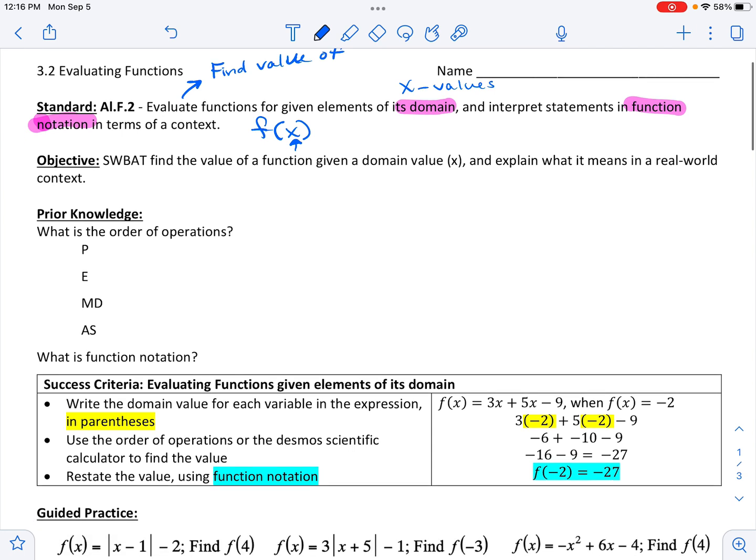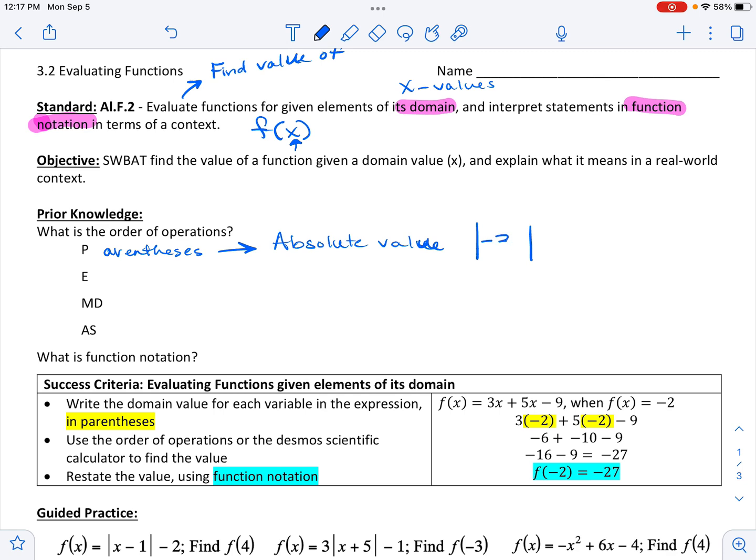So, prior knowledge, before we even think about the success criteria, let's think about the prior knowledge. What is the order of operations? Well, we first worry about parentheses. And within parentheses, there is a thing called an absolute value symbol. An absolute value is two long lines with numbers and variables in between.